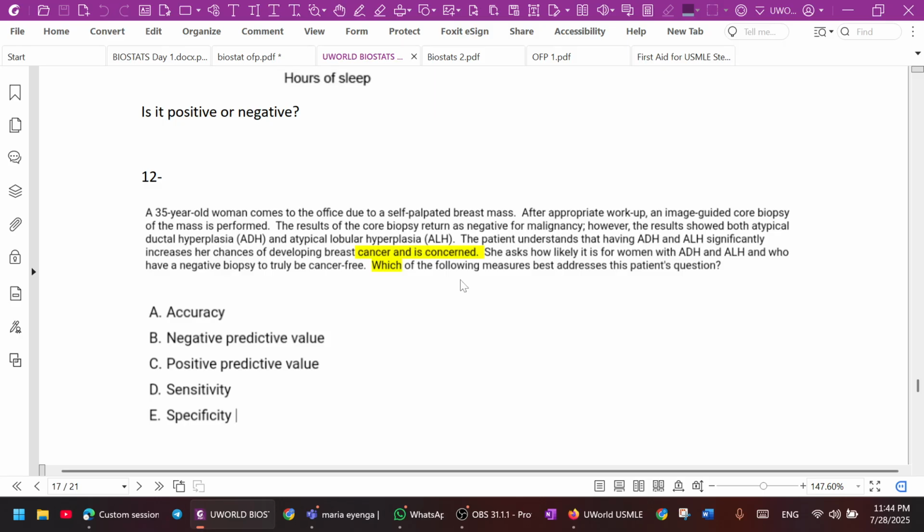Given the woman has ADH and ALH, given a negative biopsy. So given Y, which is a negative biopsy, so a negative test.